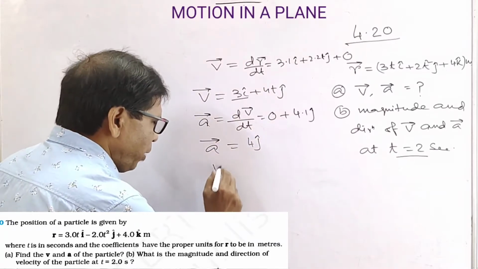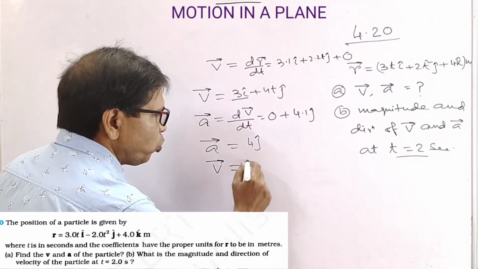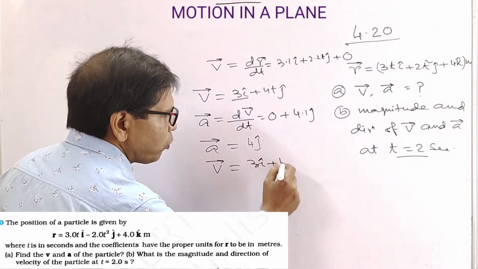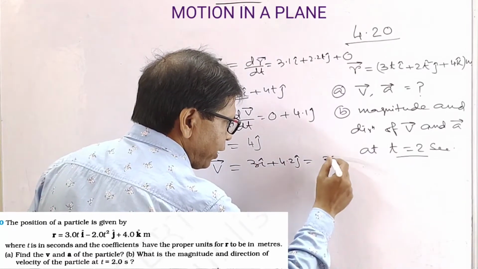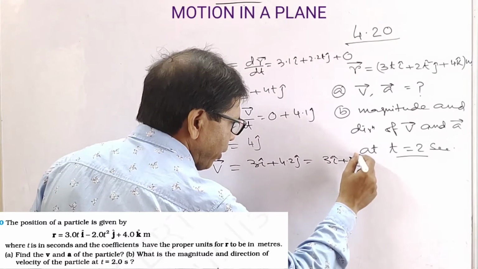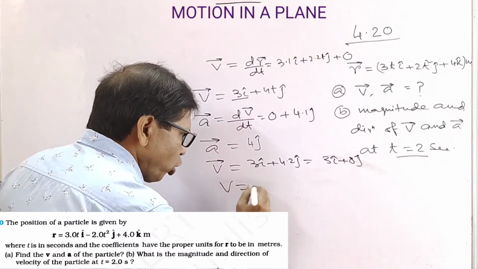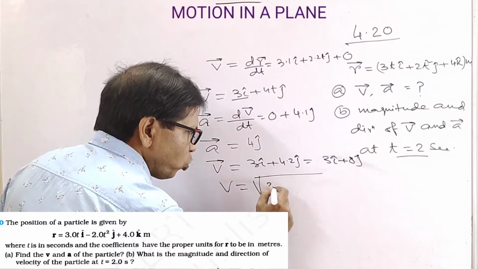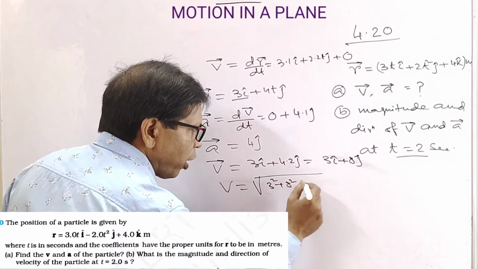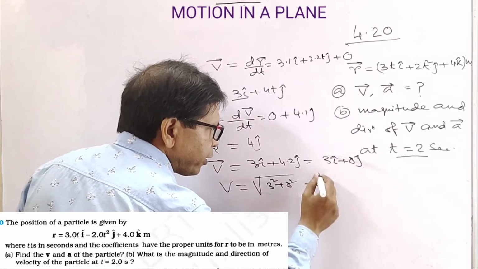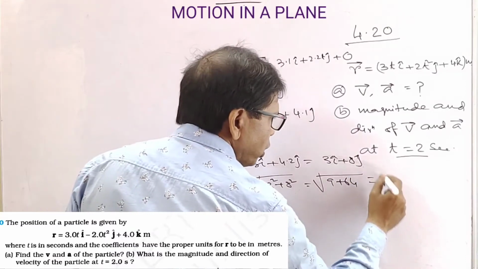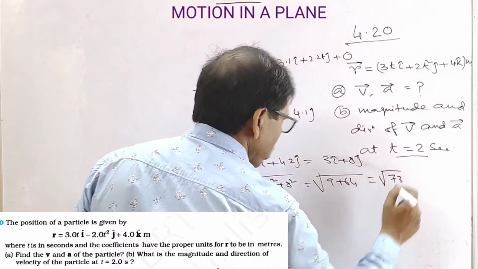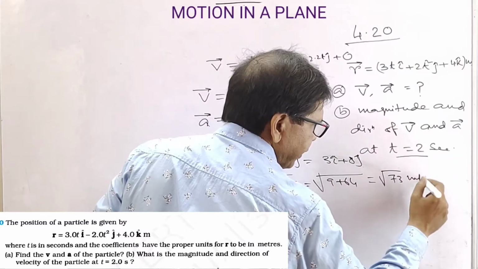Now the magnitude and direction of velocity and acceleration at t equal to 2 seconds. v vector at t equal to 2 seconds is 3 i cap plus 4 into 2 j cap. So this is 3 i cap plus 8 j cap. Now the magnitude of velocity is root of 3² plus 8², so this is 9 plus 64, which is 73, meter per second.